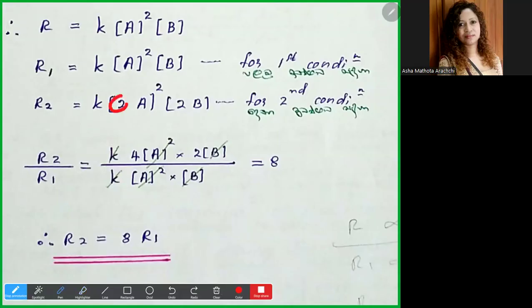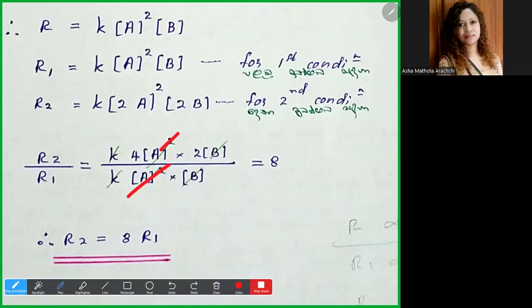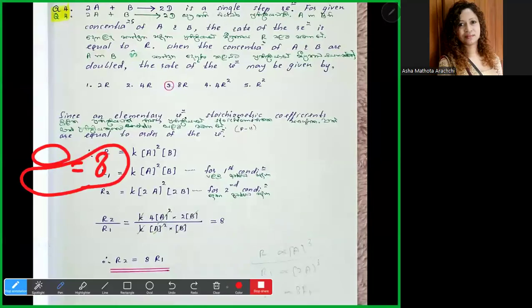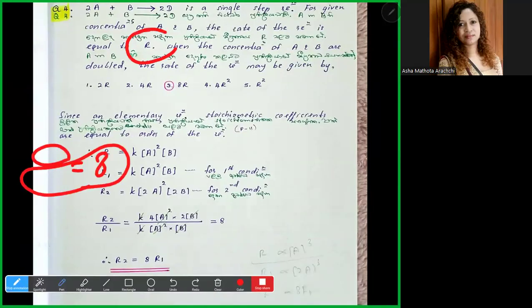Then 2 to the power 2 becomes 4 times A to the power 2, and here it is just 2B. Then I can cancel off A to the power 2 and B, and K and K, and 4 multiplied by 2 is 8. So R2 divided by R1 equals 8, then R2 equals 8R1. I have taken R1, they were given just R here. So the answer is 8R.